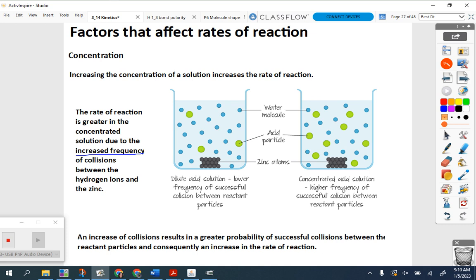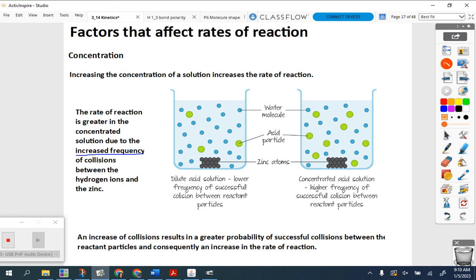So taking us back to the horrible topic 1, where we talked about limiting reactants, typically speaking, you're going to put a reaction together and one of your reactants is going to be in excess, and one is going to be the limiting reactant. Increasing the concentration of your excess reactant isn't going to do anything because your limiting reactant is determining how much you can make. So the concentration of that is really what's going to be affecting the rate of reaction.